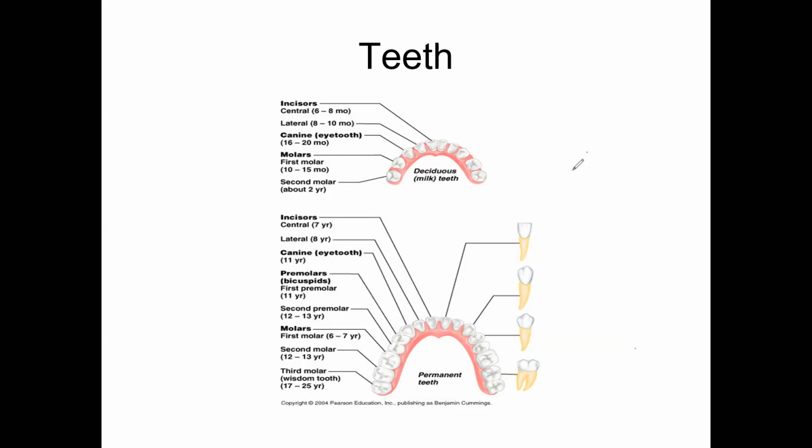It's very straightforward. You need to know the names of the different types of teeth, the difference between adult and child's teeth, and also the typical tooth structure from superficial to deep.